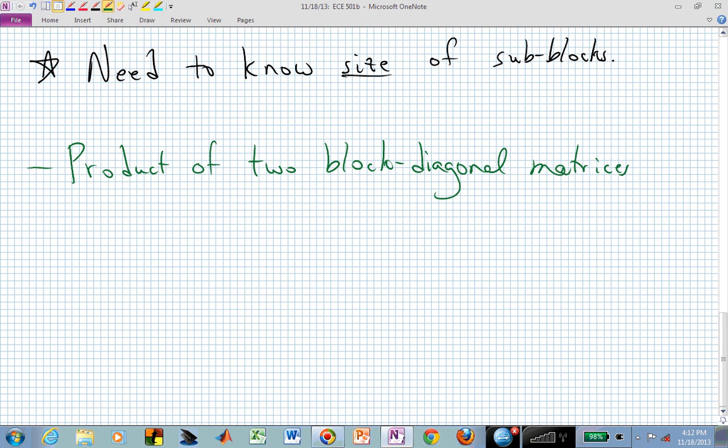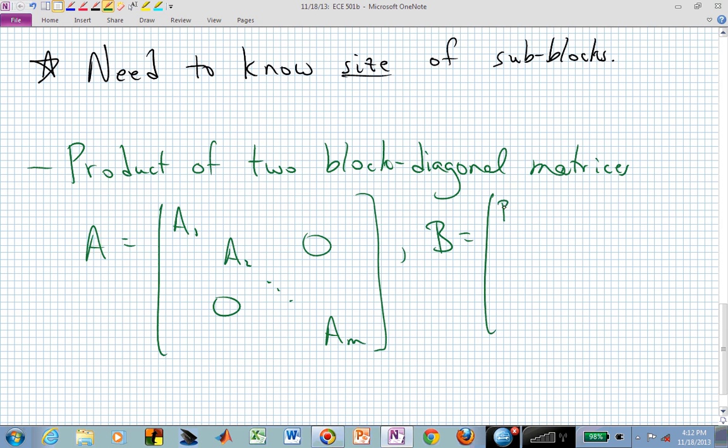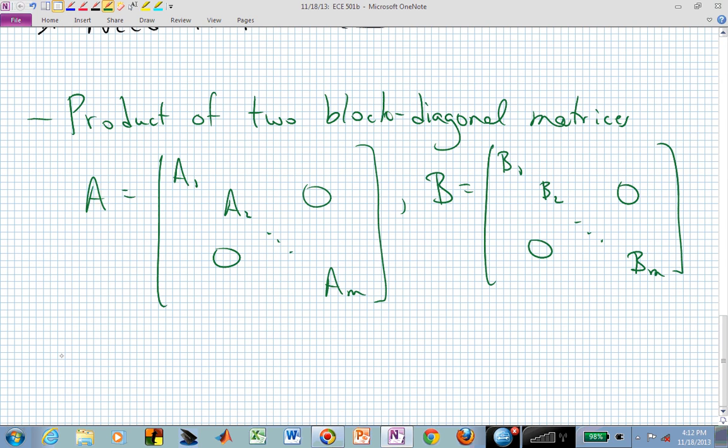So if I had an A that I labeled as A1, A2, down to A sub m, and if I had a B that was B1, B2, B sub m, those are block diagonal matrices, and I'm assuming then that A sub j is the same size as B sub j for all the different j's.